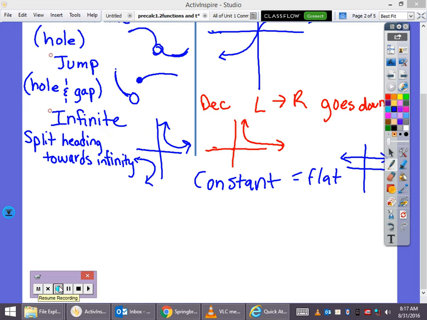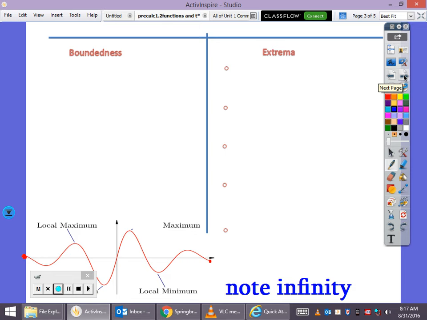All right, new topic. This is boundedness. Now, it might sound a little scary, but in all honesty, it boils down to think about where you have control of the graph.